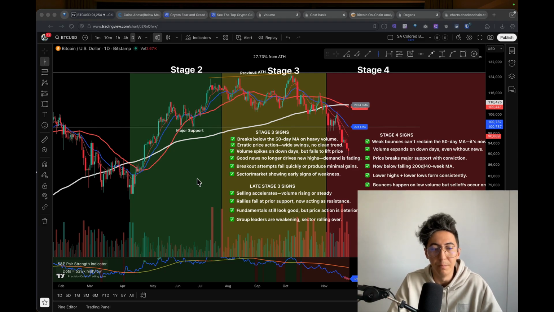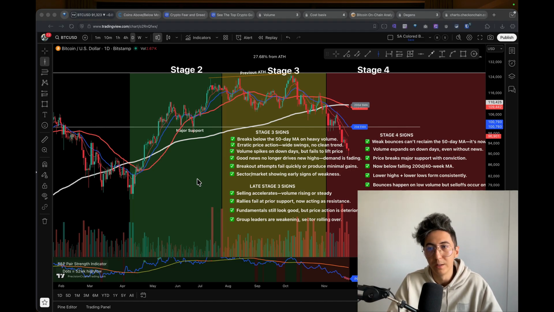Again, a lot of it can feel overwhelming, and there's a lot of noise out there. A lot of people are trying to time the bottom based on all of these different on-chain metrics. For me, the only way that we are timing the bottom is through price and volume.